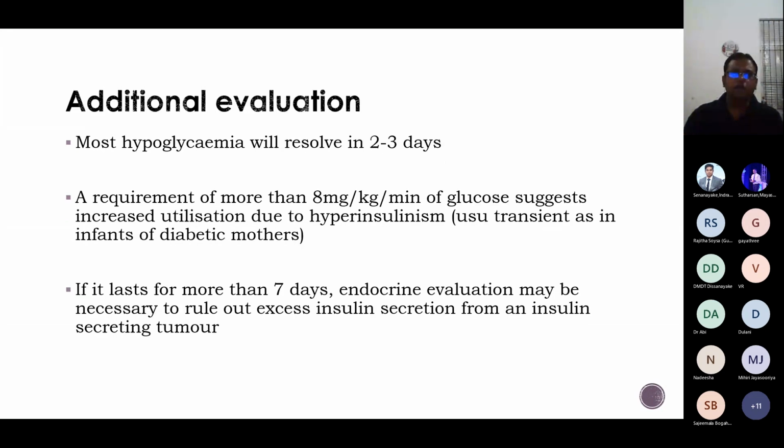Additional evaluation. So most hypoglycemias will resolve within a couple of days, 2 to 3 days. But if they require more than 8 milligram per kg per minute of glucose, that means the child is having hyperinsulinism, and if it lasts for more than 7 days or more than a week, endocrine evaluation is necessary to rule out excessive insulin secretion, maybe due to an insulin secreting tumor.